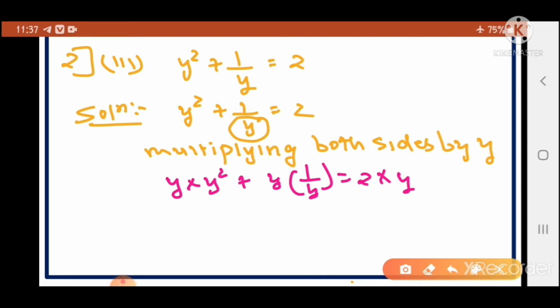So y into y square becomes what? y cube. This y and this y get cancelled, so it becomes 1 equal to 2y. Now make it in standard form. So y cube, then bring this term 2y from the right hand side to the left hand side, becomes minus 2y plus 1 equal to 0.